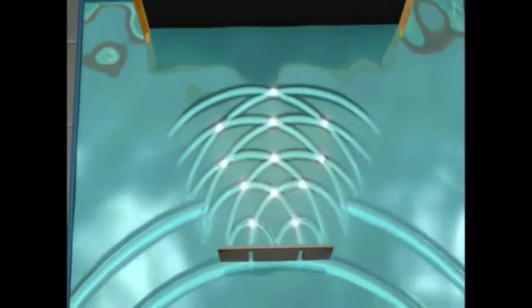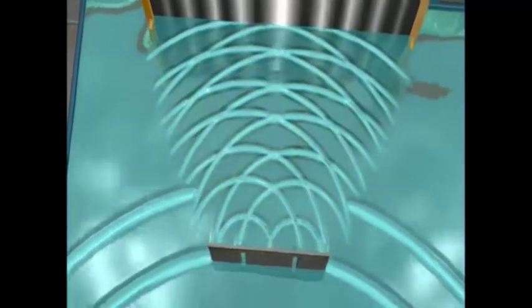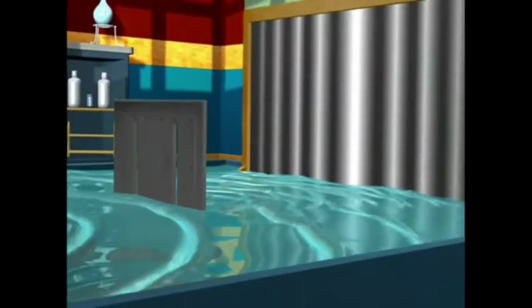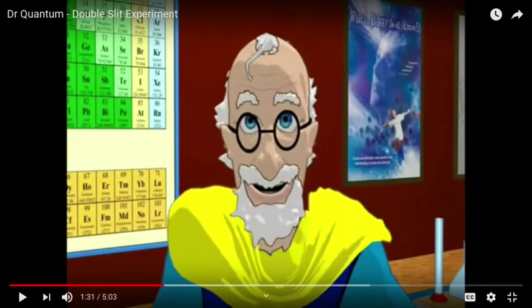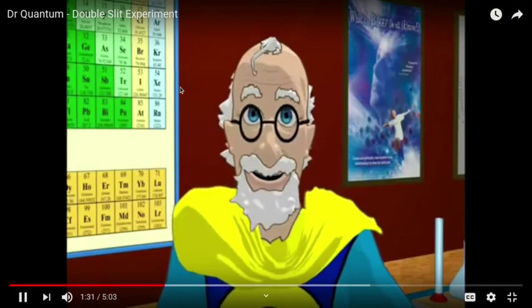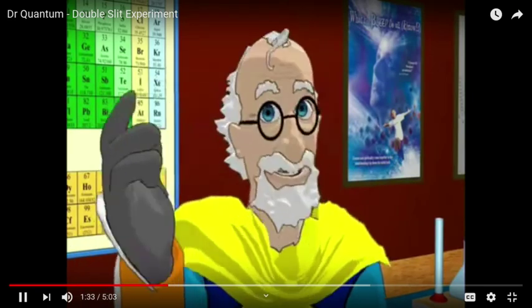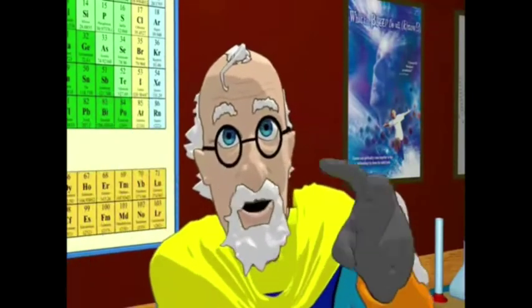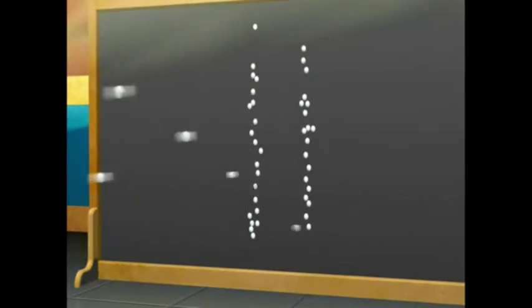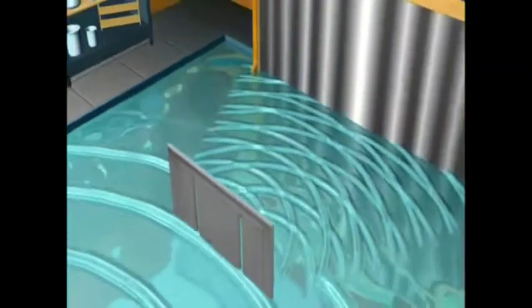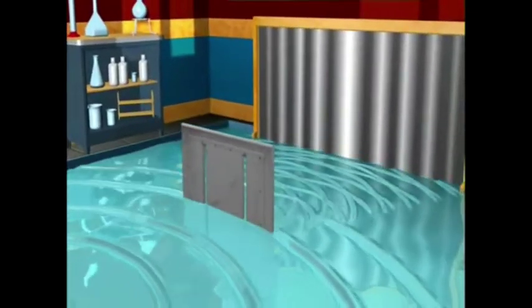So now there is an interference pattern on the back wall. Places where the two tops meet are the highest intensity, the bright lines, and where they cancel, there is nothing. So it's all happening. When we throw things, that is, matter, through two slits, we get two bands of hits. And with waves, we get an interference pattern of many bands.